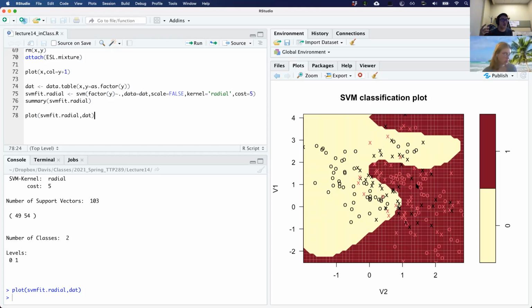We've discussed why you might do that, which would cause it to favor making error exceptions for circles versus x's. Okay, so that is our application within R of doing support vector classifiers and support vector machines.